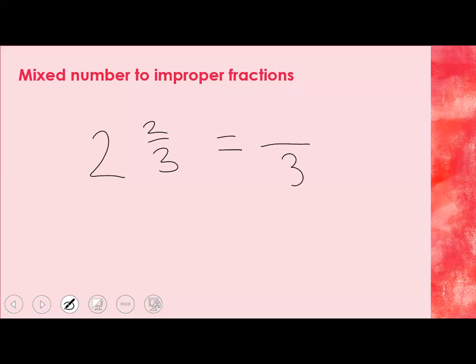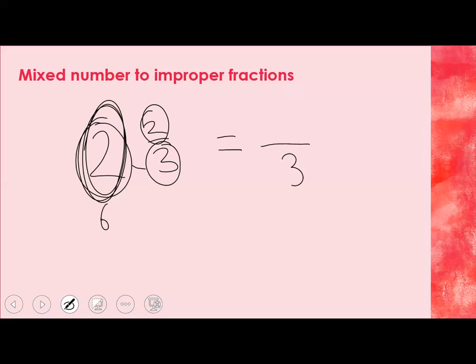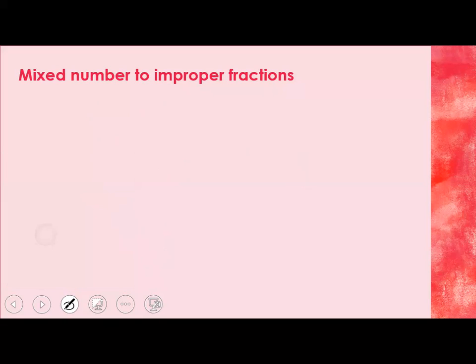Well, the way I do it is I multiply the whole number by the denominator. 2 times 3 is 6. And so I have 6/3 here, and I have 2/3 here. So 2 is the same as 6/3 and 2/3. Well, 6/3 add 2/3 is 8/3.